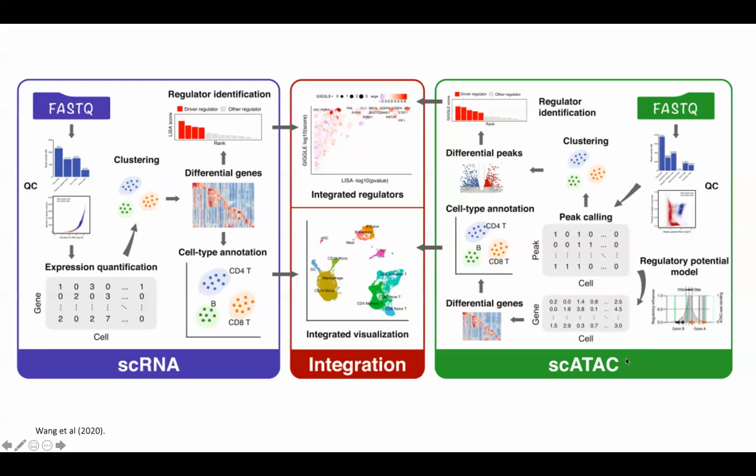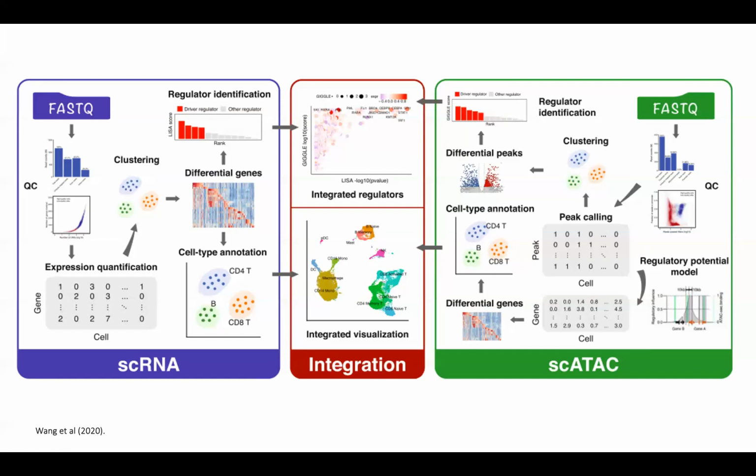Over on the single cell ATAC-seq side, it also does similar things, from the FASTQ to the point where you cluster, call differentially accessible peaks, and so on. And then one feature is that they developed a regulatory potential model. We're going to talk about that a little bit later.